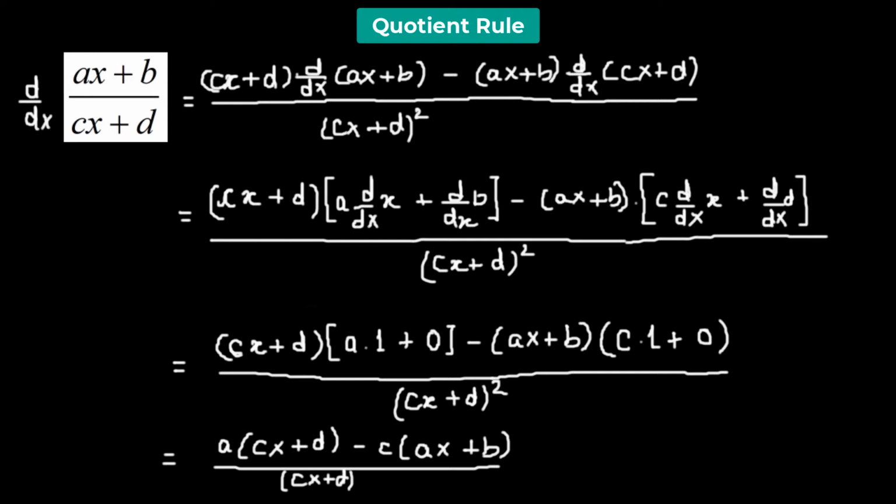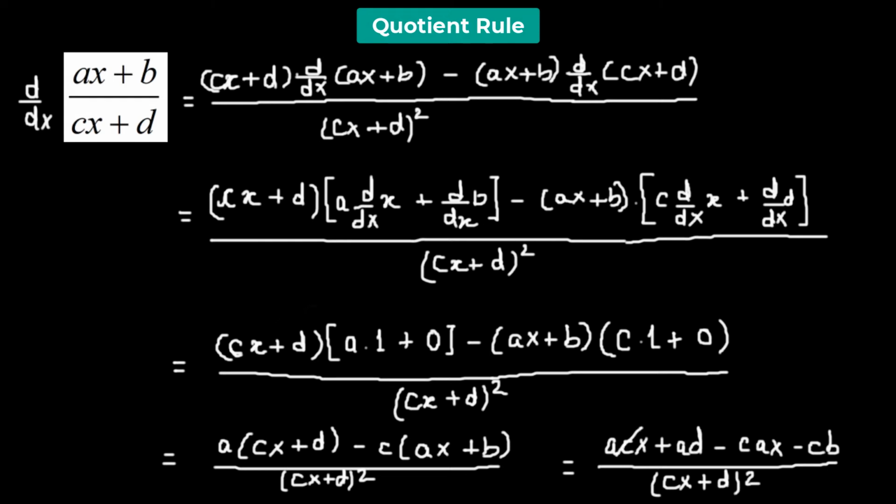whole squared. Now we can solve for the numerator, and that is going to give us acx plus ad minus cax minus cb, divided by cx plus d whole squared.